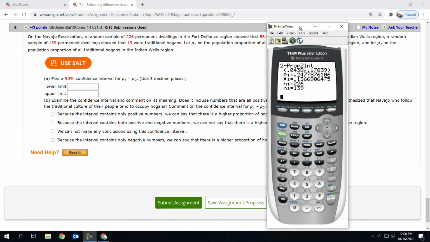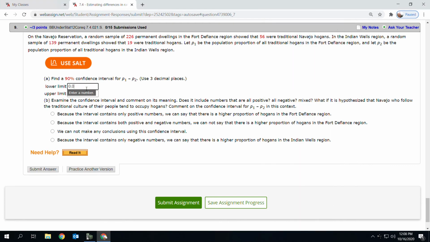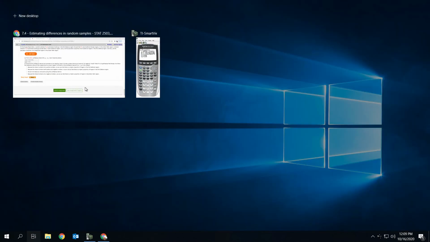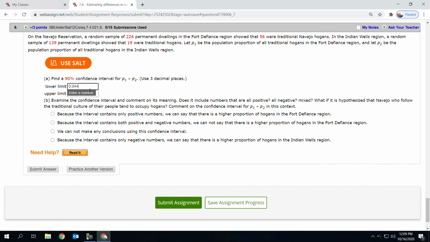So our confidence interval is 0.044 up to 0.178. Only positive numbers appear. We can say there's a higher proportion of hogans in the Fort Defiance region.